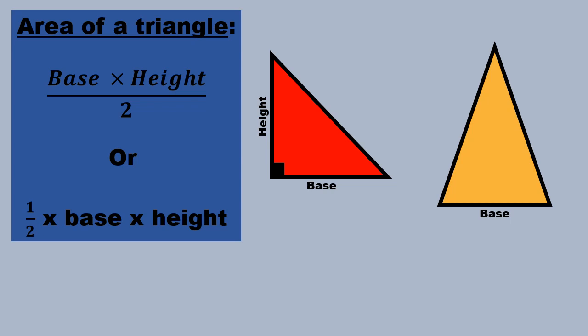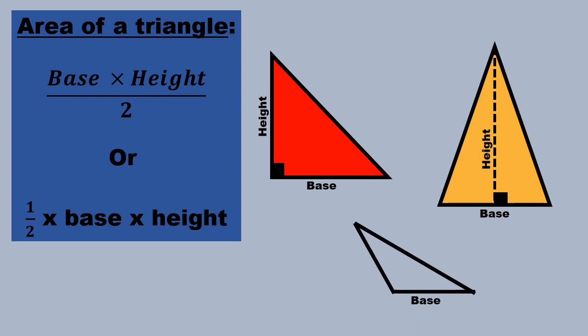Then your height always meets your base at a 90-degree angle, so your height would be over there. And then your last triangle, an obtuse triangle, your base would be over there, and please note that your height will not always lie inside your triangle. Sometimes your height lies on the outside of your triangle, and over there is your height with that type of triangle.